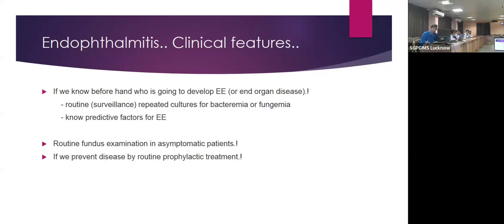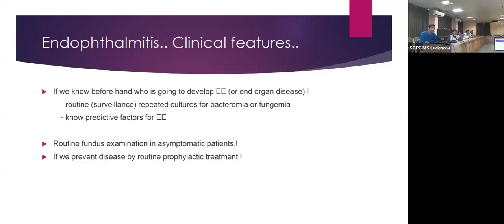People went one step further. They started studying these patients for predictive factors indicating that a patient is more likely to develop endogenous endophthalmitis or any end organ disease. That also failed. Then people started focusing on the ocular or end organ disease itself.